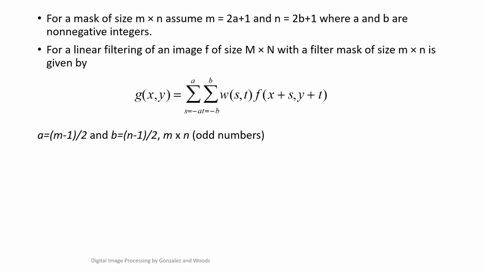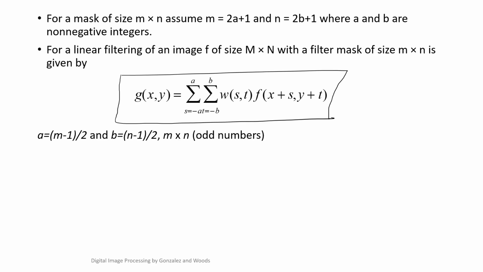Now this is the generalized formula for convolution that you have to remember. In practice you can use the same thing. If you open this, you will get the same formula. And what is this? Minus a to plus a, this is the mask size.